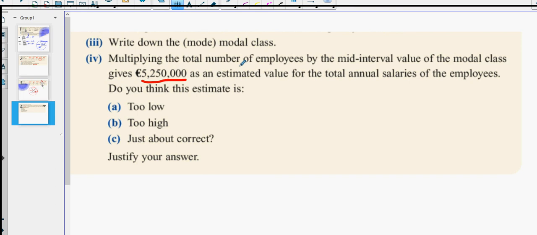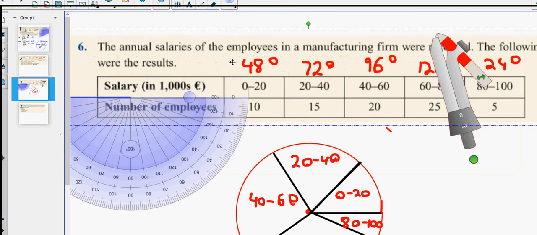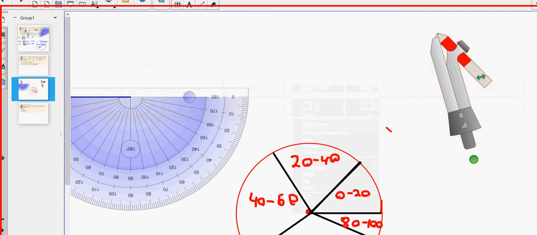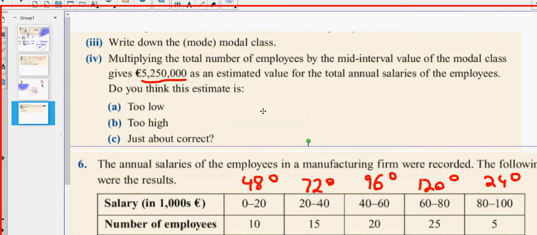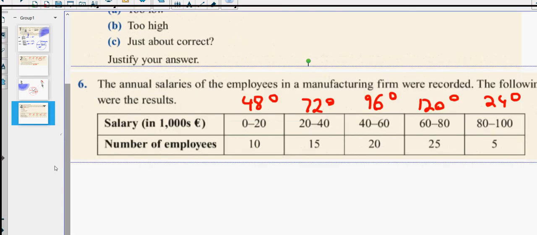All right, here's what I do. How do you properly use the mid-interval table? I'm just going to grab this table here. Here's how you work it out normally. Get rid of the degrees, they don't matter.